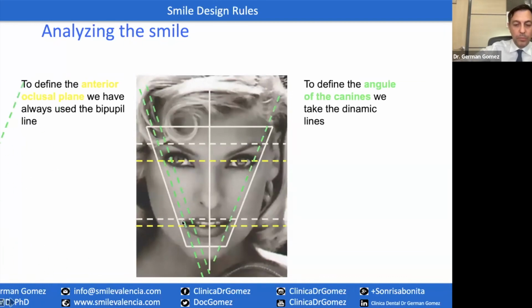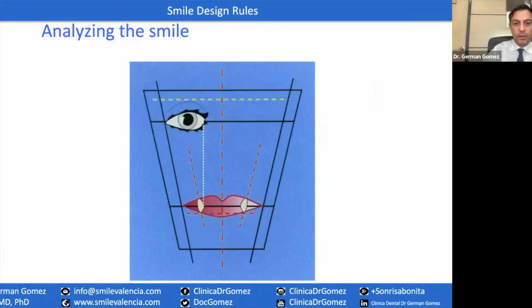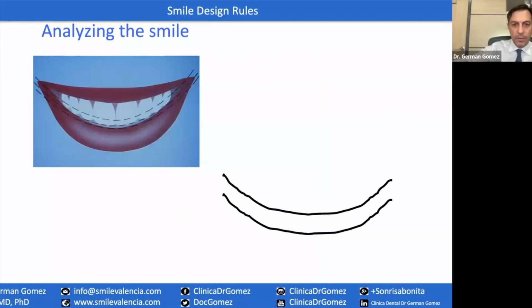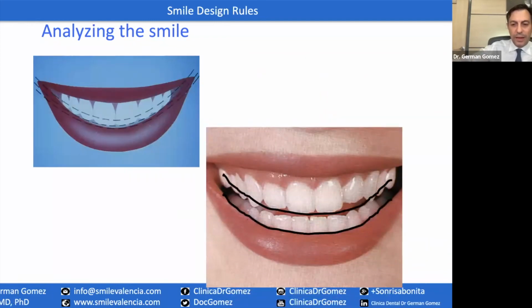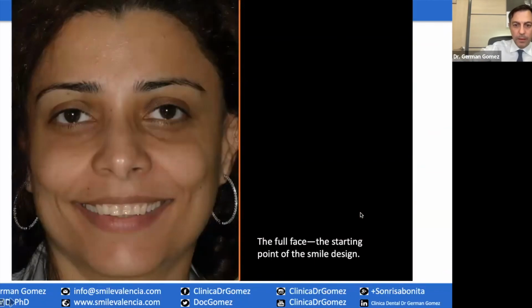Okay, see here, the inclination is parallel to eye, lip. And then we have to analyze if the upper teeth follow the lower lip line. Okay, here the upper teeth do not follow the lower lip line.